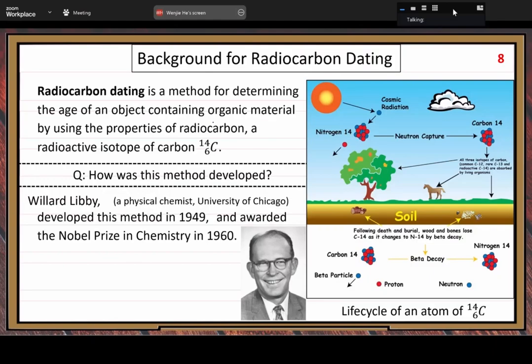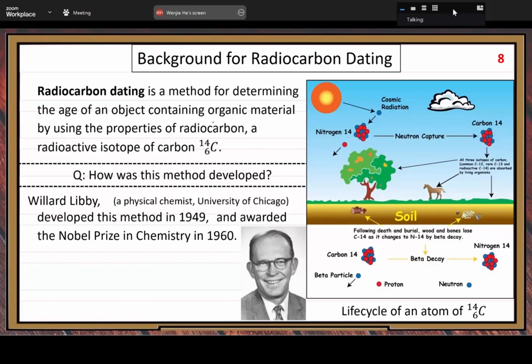Under that living environment, we need to study the carbon-14 percentage in those objects.